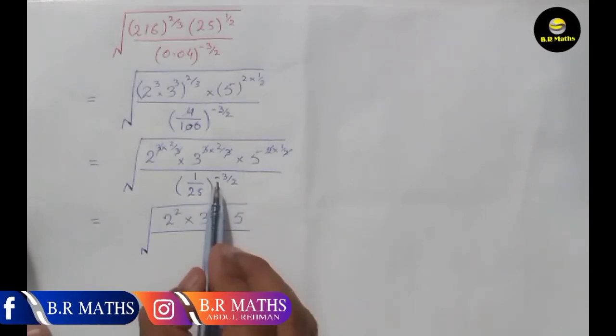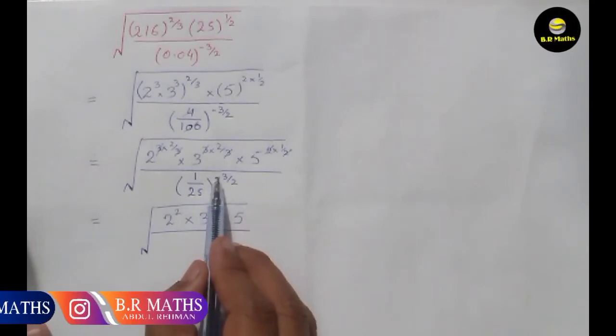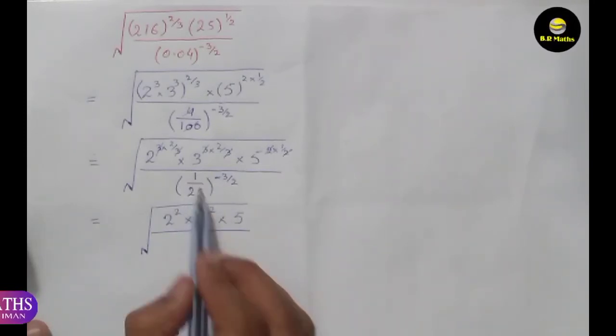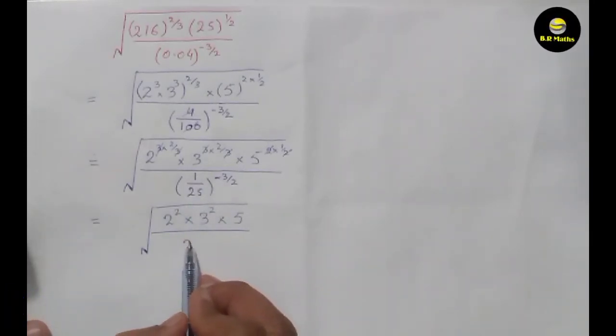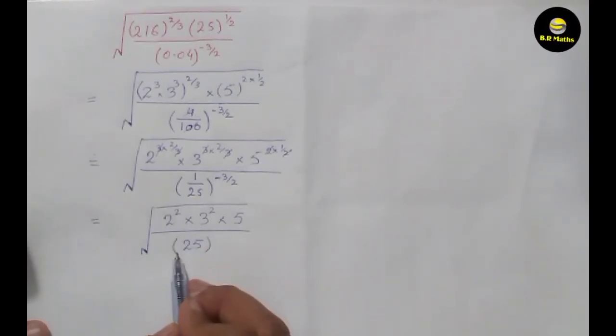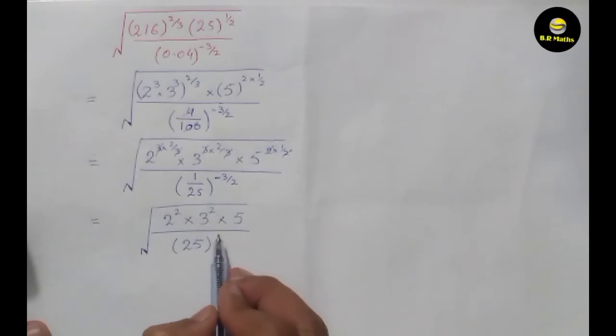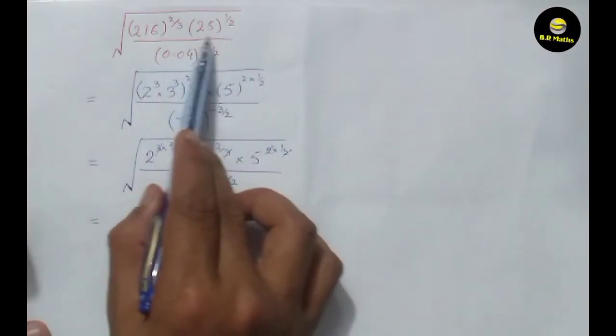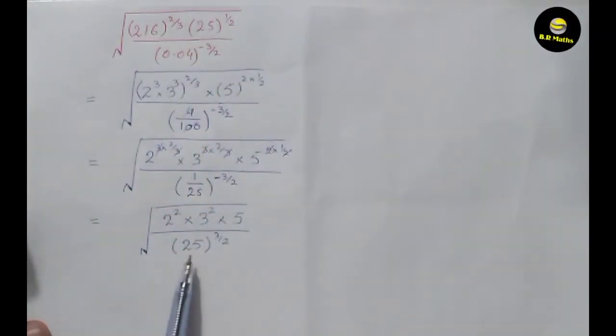I already said that when the power is negative, take the reciprocal. 1 over 25 becomes simply 25, and the power is positive 3 by 2. In this form, 25 becomes 5 square.